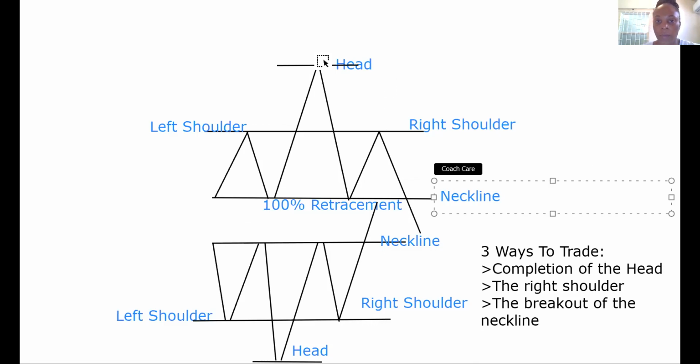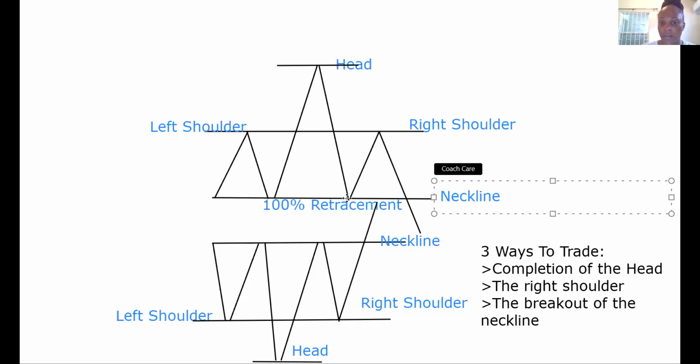But for the advanced trader that may be on this call, or persons who are looking for a bit of a challenge, you can trade the completion of the head to do a full 100% retracement of the neckline, or the right shoulder to come back to the neckline as well. So you can trade the right shoulder actually 2 ways. You can trade the right shoulder from the 100% retracement of the head.